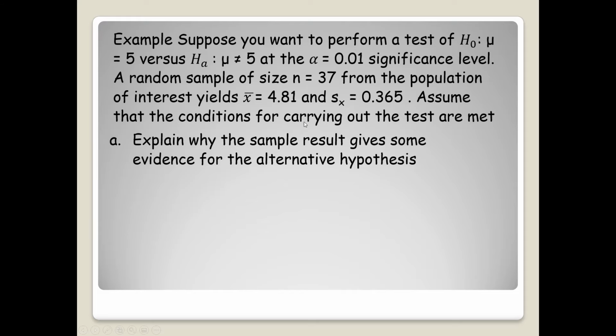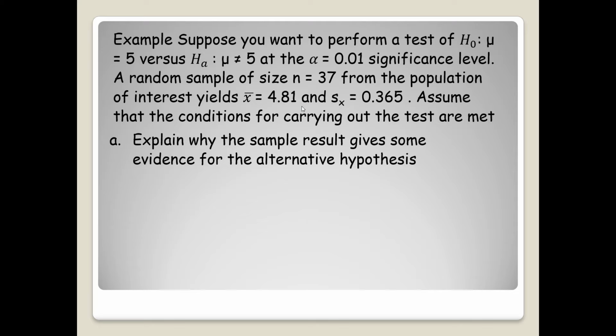From my sample of 37, my mean is 4.81 and my standard deviation is 3.65. If you notice, nowhere on here does it say anything about the population standard deviation. I know my population mean is 5, and I want to prove that it's not 5, but nowhere does it say anything about the population standard deviation.